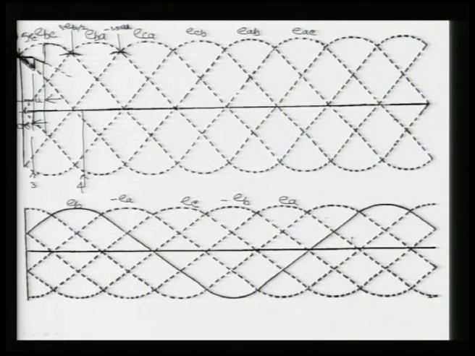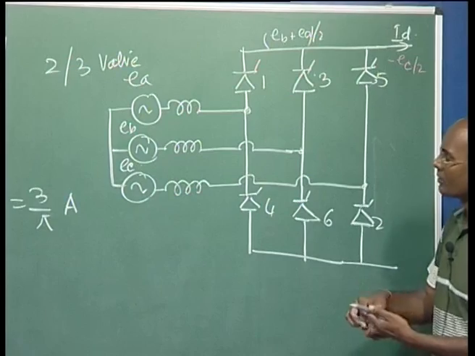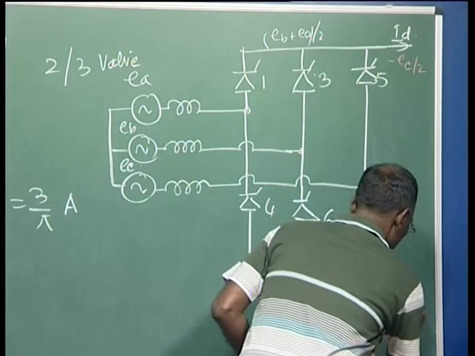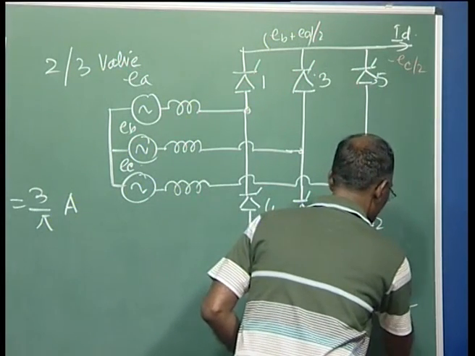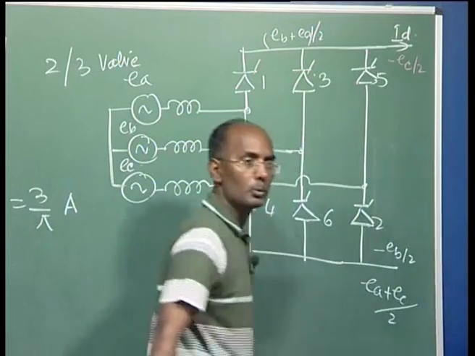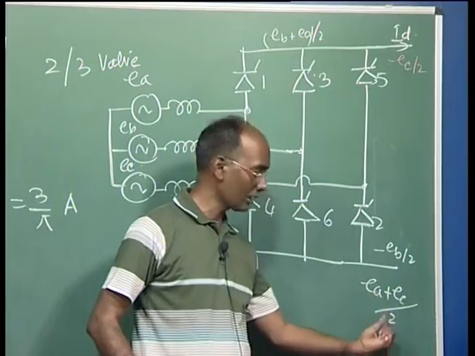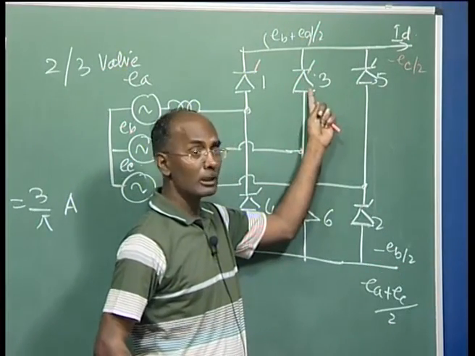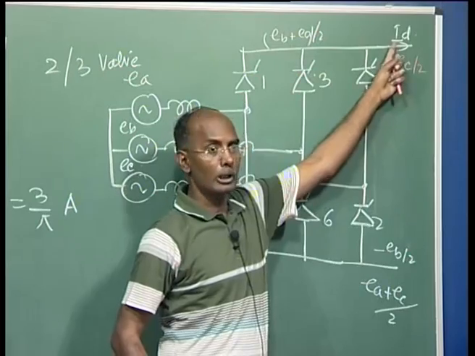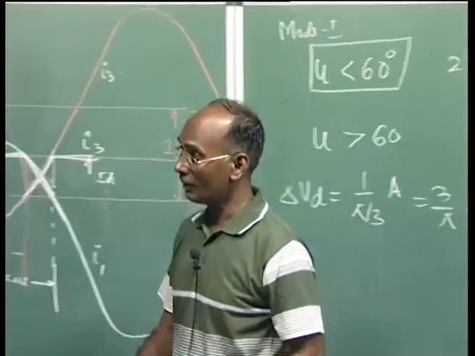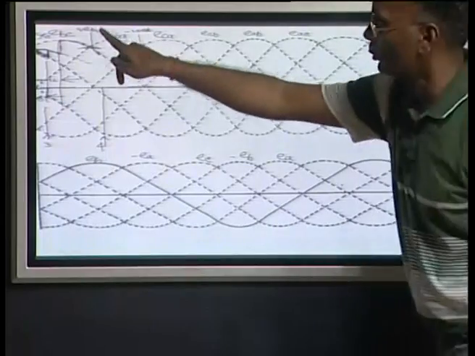It was here, this is conducting, now it is coming up to here, and once you are giving a pulse to 4, now you can see this A, this is C. So, it is here EA plus EC by 2, means it is minus EB by 2, because A plus C is your minus EB, and by 2 here it is this, and this was 3 conducting, so EB. So, EB minus minus here means 3 by 2 EB, that is positive, and we have the positive here, as I said it is 3 by 2 EB.